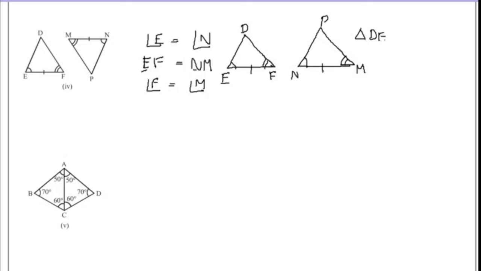We have triangle DEF, I have started from the top and gone in the anti-clockwise direction. You can go in the clockwise as well. Is congruent to the triangle PNM.